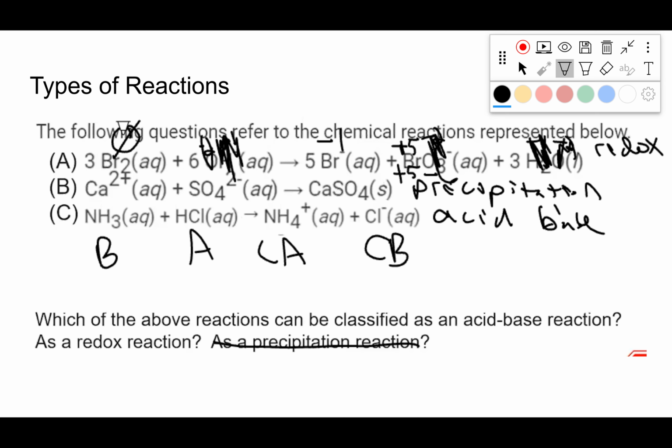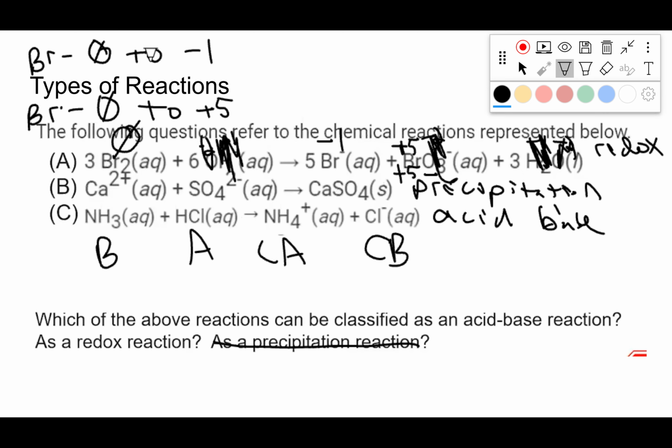So in this one, bromine was both oxidized and reduced. That happens occasionally. So for this first one, I'm going to say that bromine went from a 0 to a -1. And then bromine went from a 0 to, I said negative a minute ago, I meant to say +5.